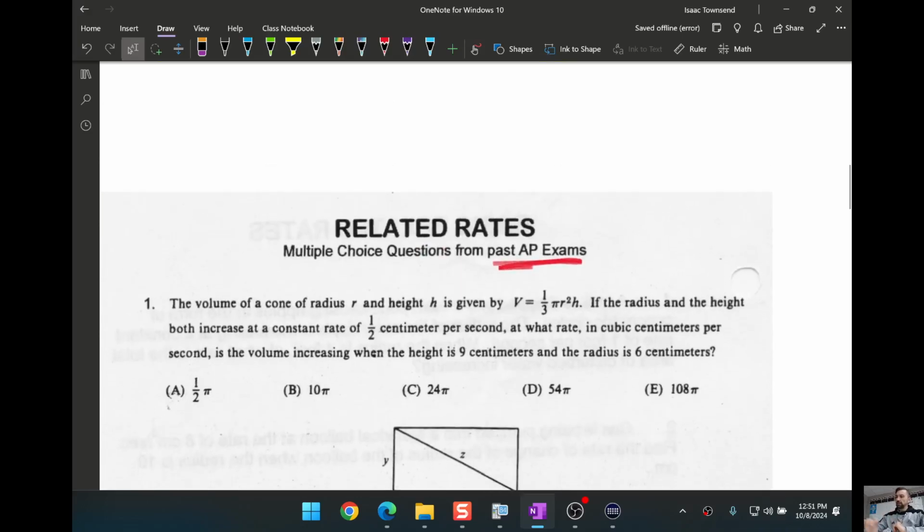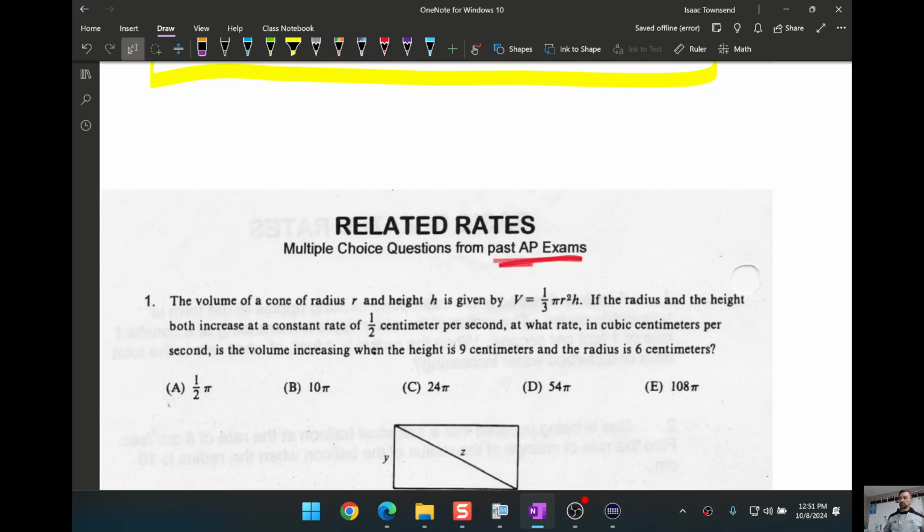All right, we've got the volume of a cone with radius r and height h given by the volume formula. Now again, they don't normally give you the volume of a cone formula, but it looks like they did this year.